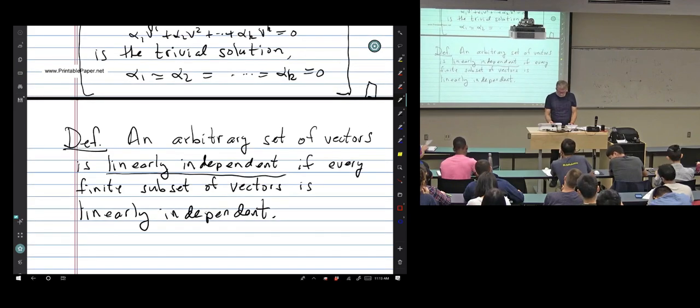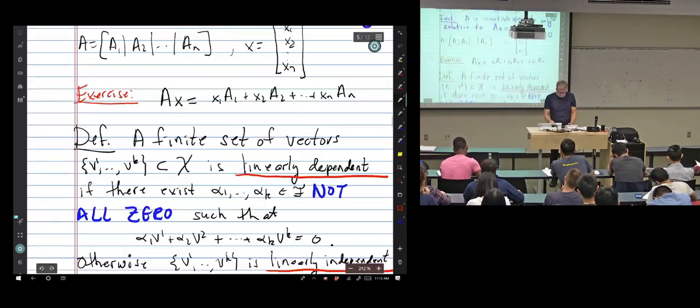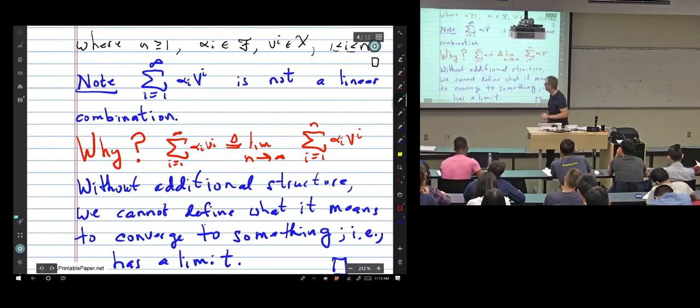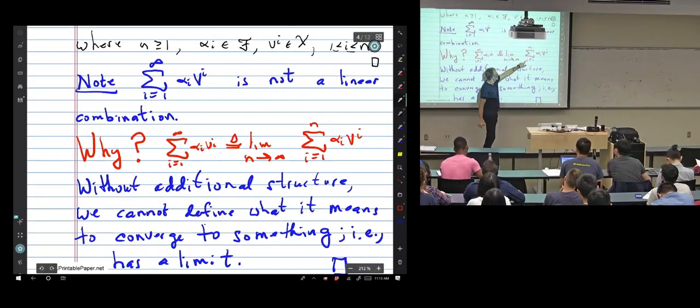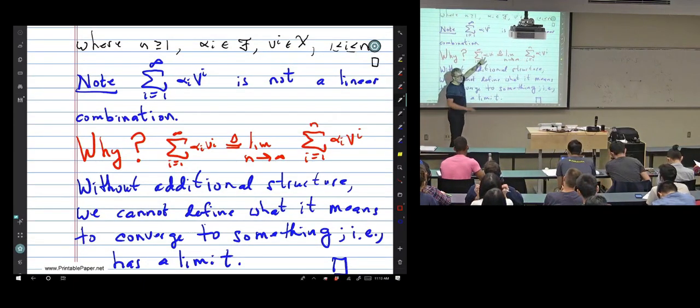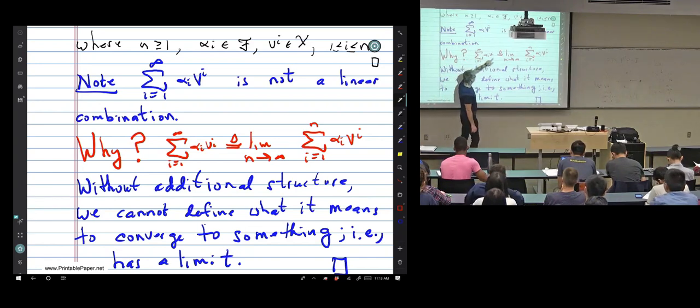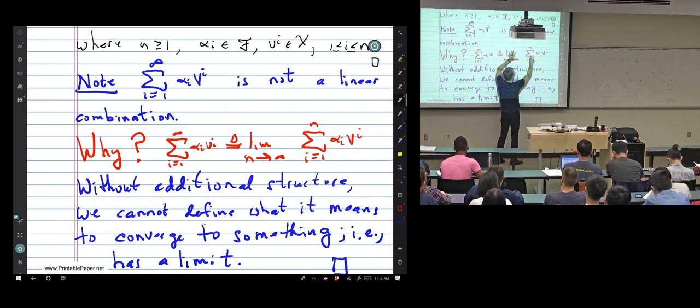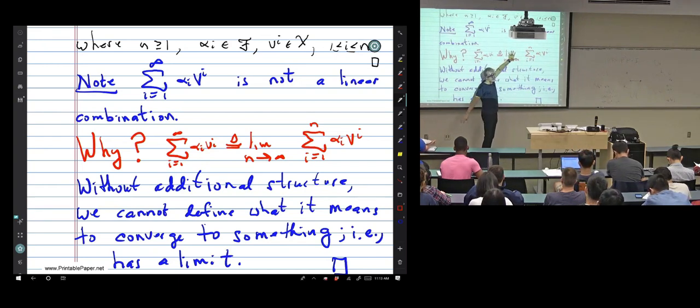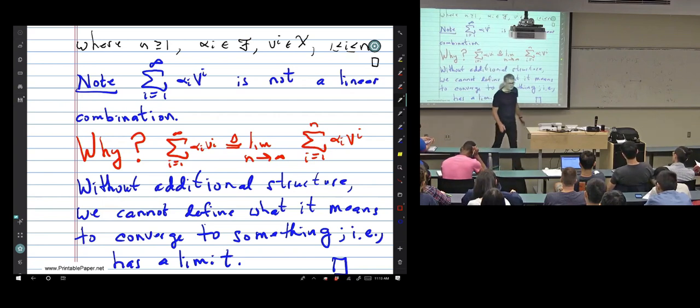Why do we have to go to the finite thing? It's because we can't write down this equation, okay? So we have to reduce it to the finite case. We look at every possible n. We don't do the limit, but we look at every single possible n and form all those combinations, and we check that the only way you can get zeros is if all the coefficients are 0. That sounds really hard, really, really hard, but we'll do it.